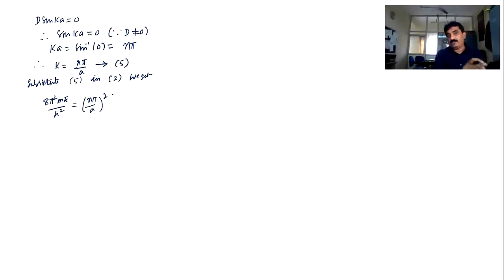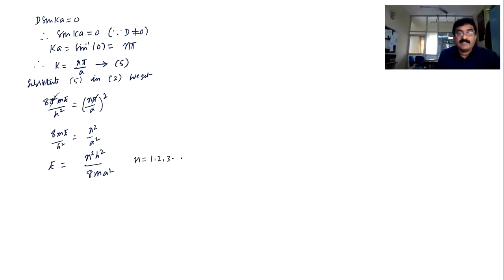In the place of k I am writing n pi by a. Simplify, pi square cancels, so 8 m E by h square is equal to n square by a square. I want E alone, that is n square h square by 8 m a square, where n is 1, 2, 3, etc.